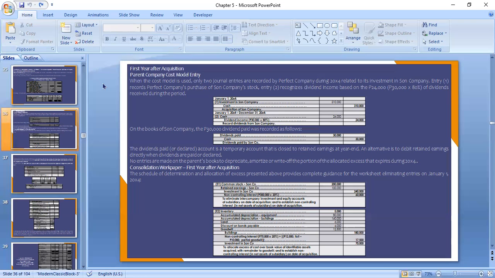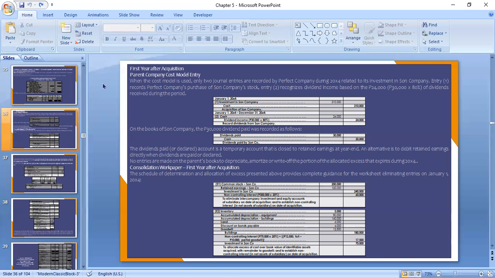Now that's dividend income for the 80% share of the parent. So on the books of the Sun Company, the 30,000 dividend paid was recorded as follows. That's not in the books of the parent.